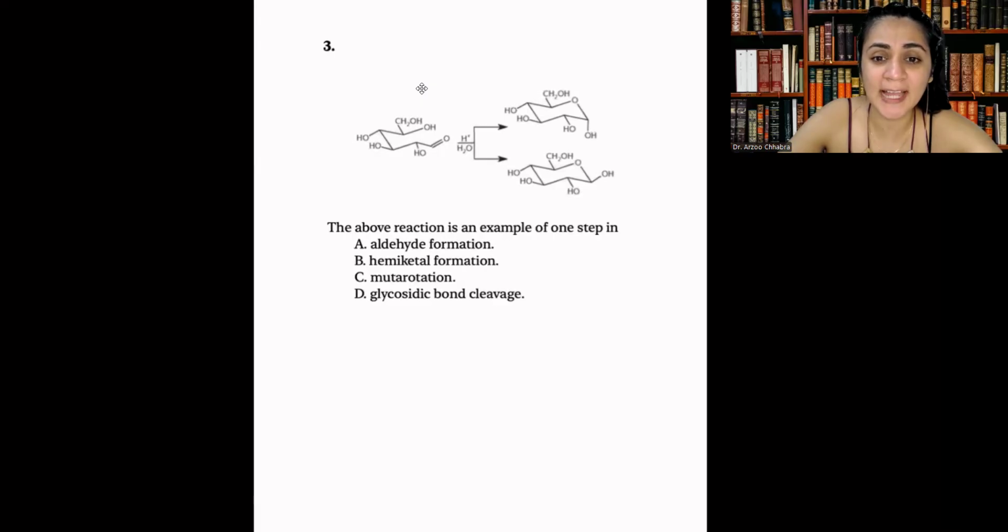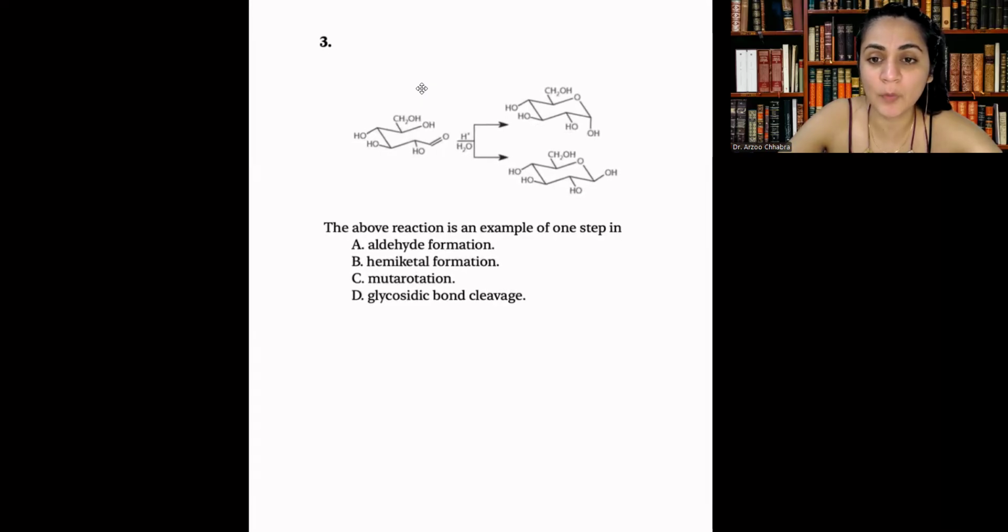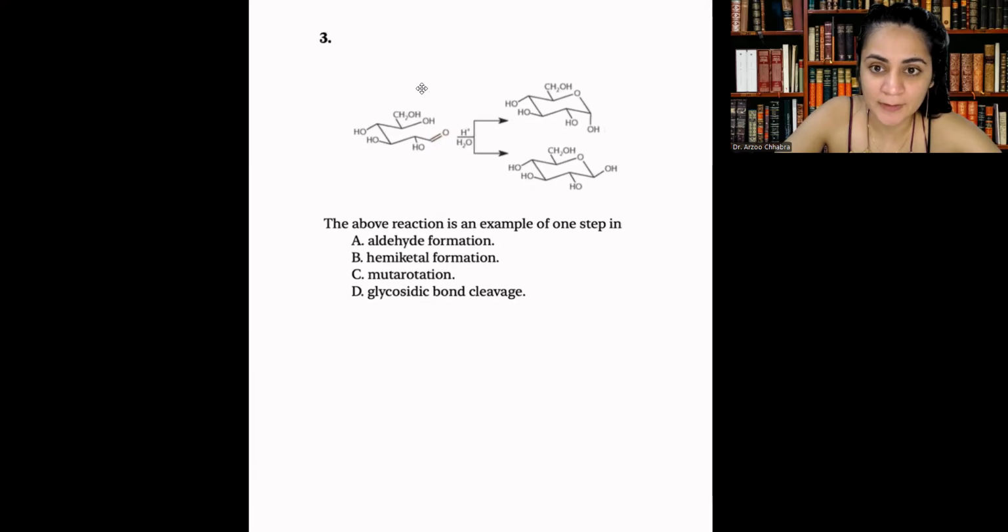The above reaction is an example of one step in. Okay, so if we actually look at this reaction over here, what we really see here is that in the reaction of this aldehyde, right, we have in the ring formation, when this hemiacetal ring is being formed, we do really see that OH is pointing down and one of the other OH is pointing up.